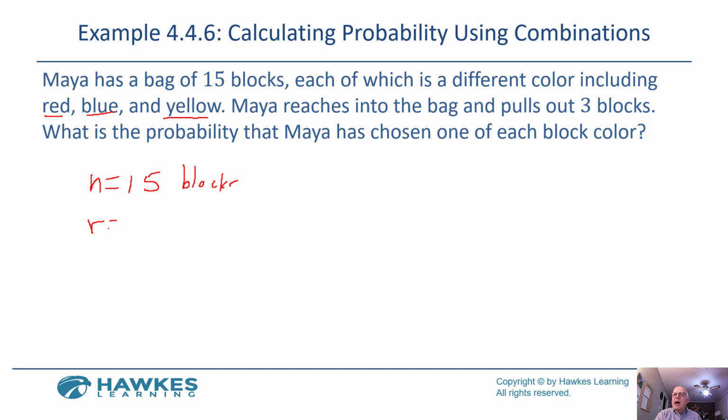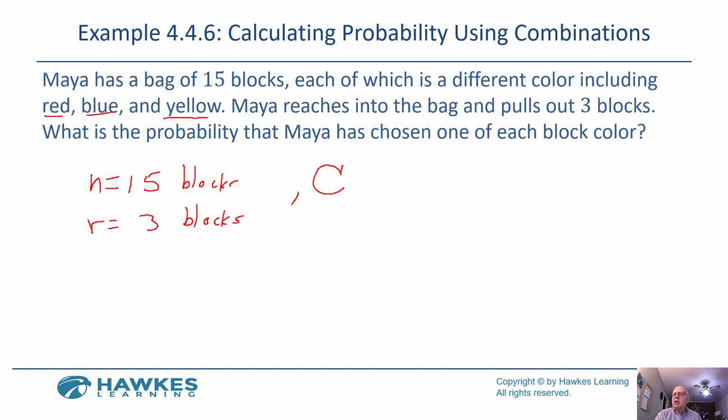She's going to pull out 3 blocks. Does it matter what the order is? Well, do you see order up there anywhere? No, she's just going to pull out 3 blocks and maybe throw them into a bag or into her pocket or just throw them on the floor. Doesn't matter.